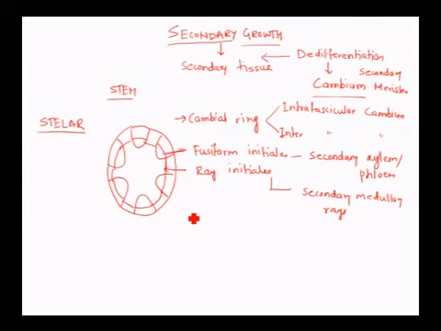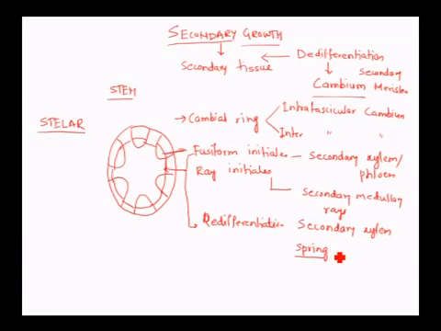When fusiform initials undergo redifferentiation, secondary xylem develops seasonally more than secondary phloem. So, there are two seasons in a year.